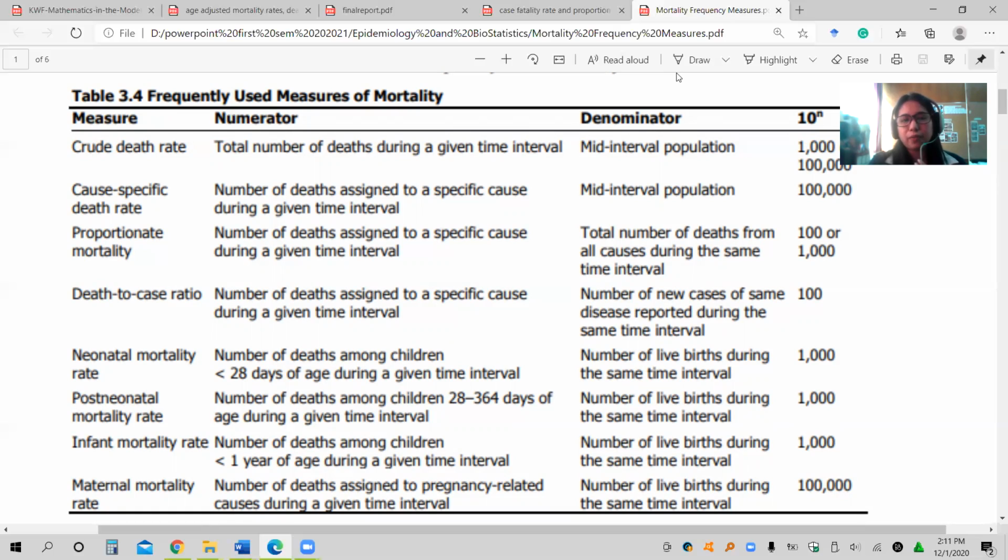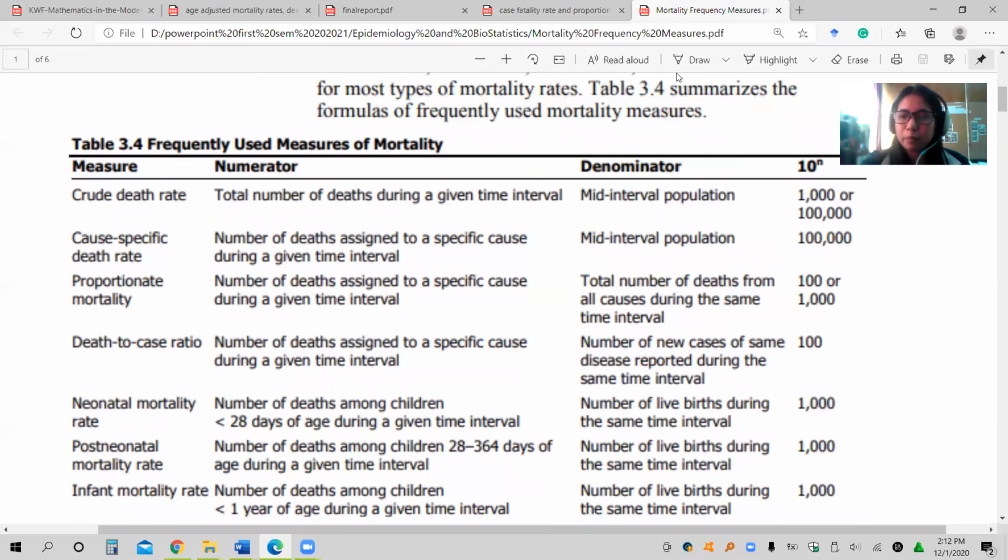So for example, for crude death rate, what we need is the total number of deaths during a given time interval, and the denominator is the mid-interval population. For cause-specific death rate, this is the number of deaths assigned to a specific cause during a given time interval, and the denominator is still the mid-interval population.